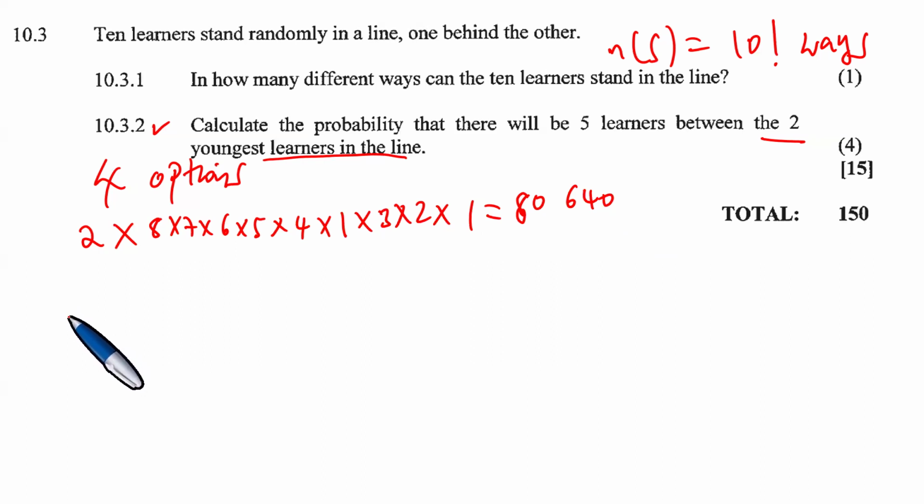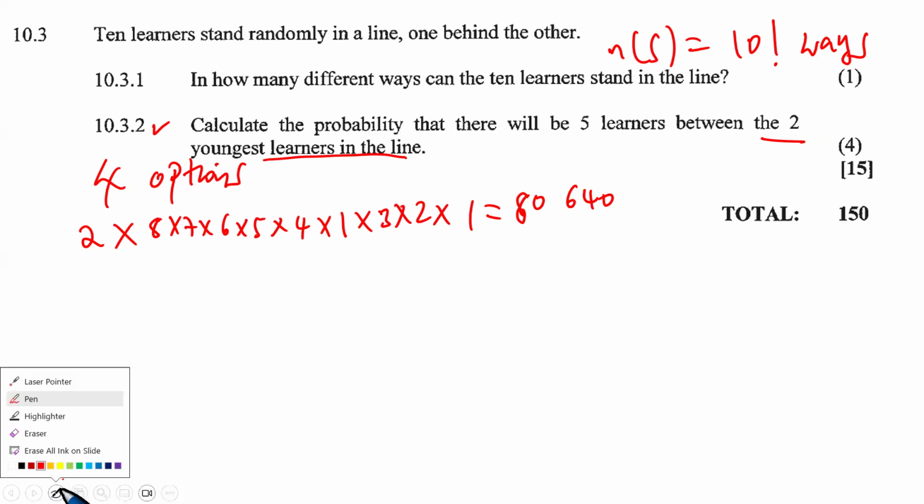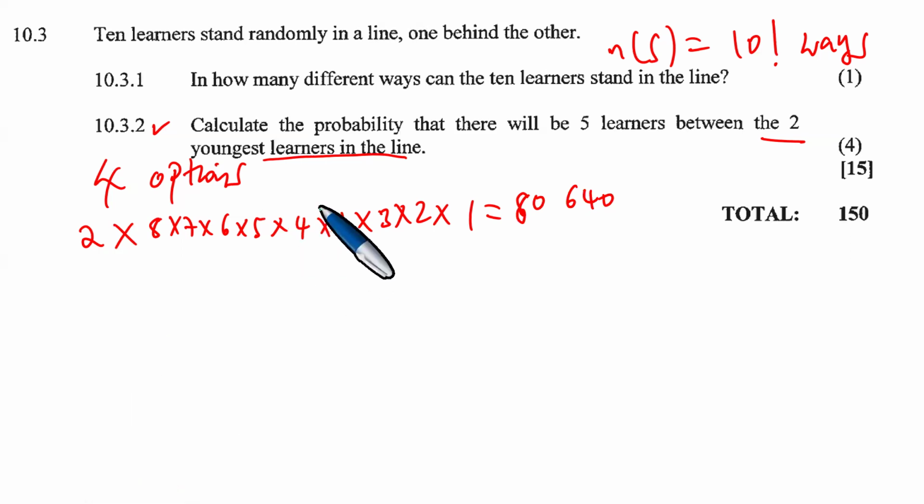So we want to calculate the probability that there will be 5 learners between the 2 youngest learners in the line. So I want us to fix the positions.